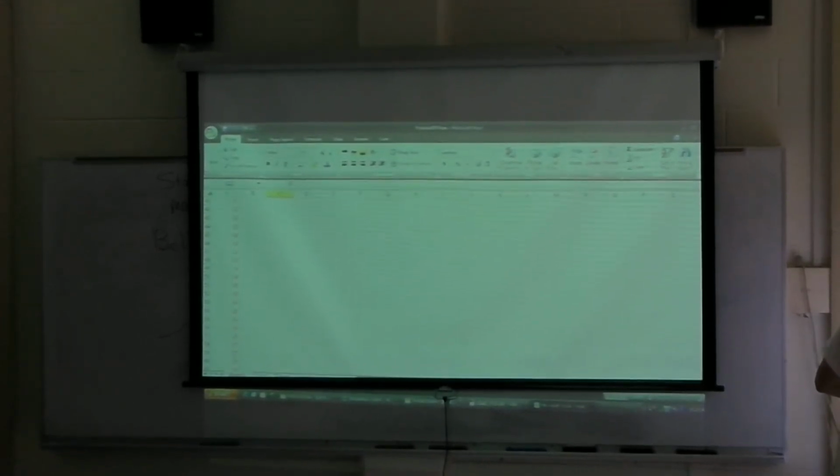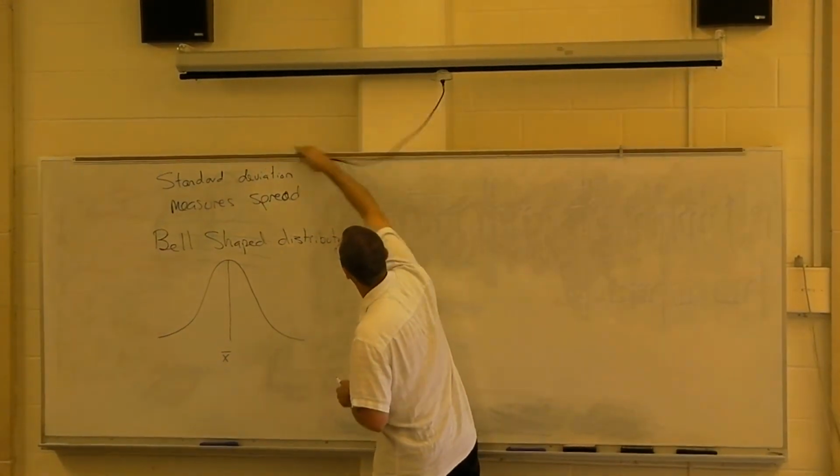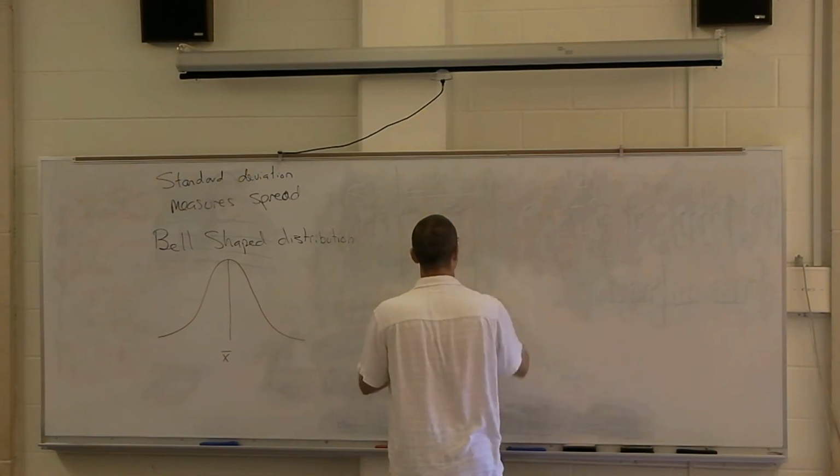Go back to our picture here. Actually, I'm going to draw a picture up here on the board in a second. So we'll come away from this for just a moment. That bell-shaped distribution, we'll go back to that for just a moment. Our picture that we had for our football data looked something like this.